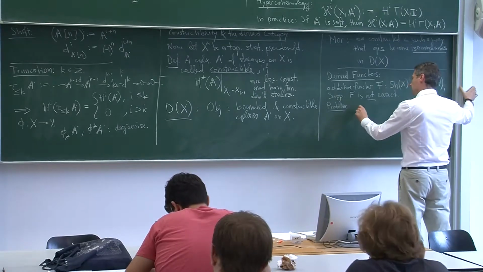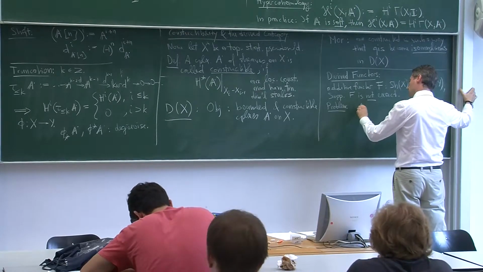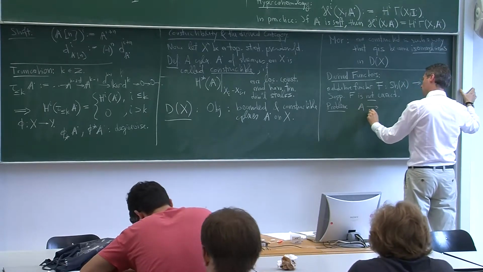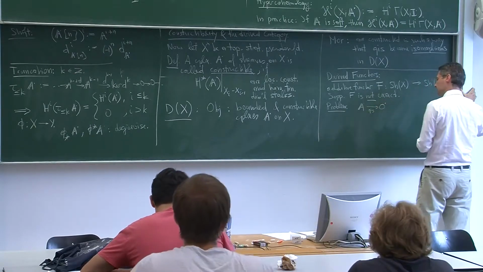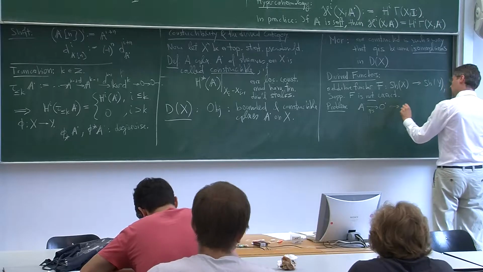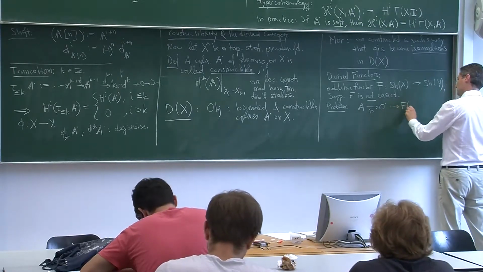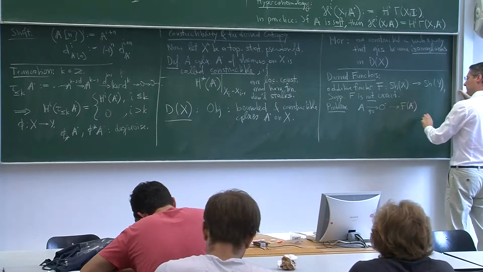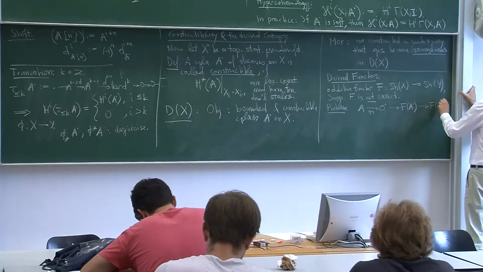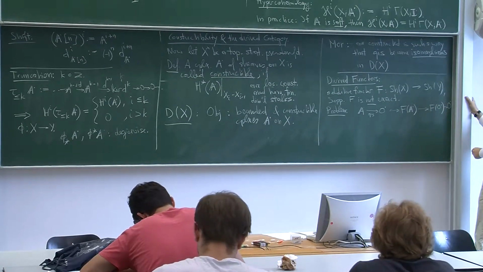But suppose you have a sheaf complex which is quasi-isomorphic to 0, and then to this morphism you apply f, and since f is an additive functor, this is just 0.